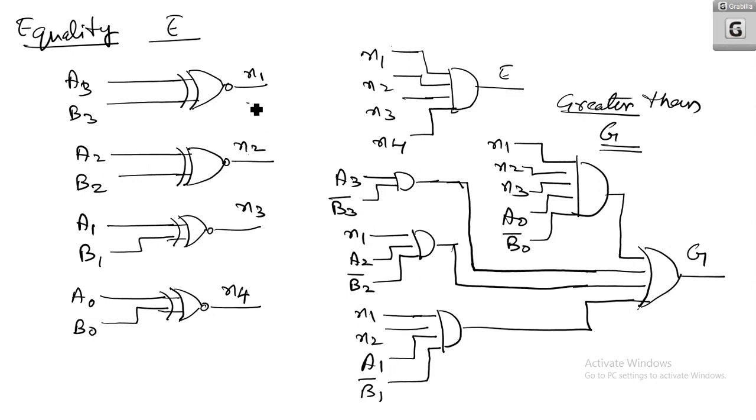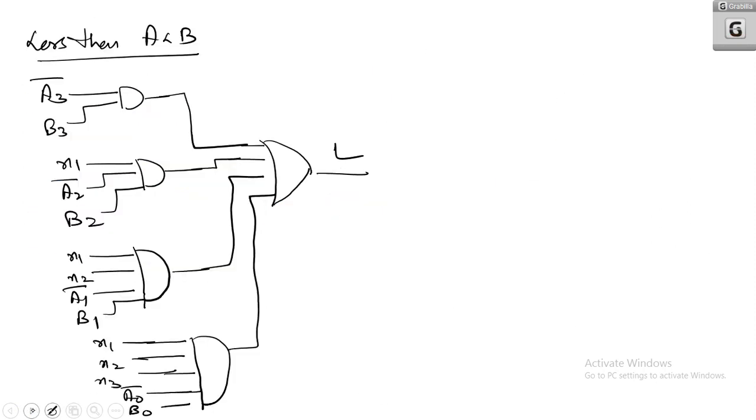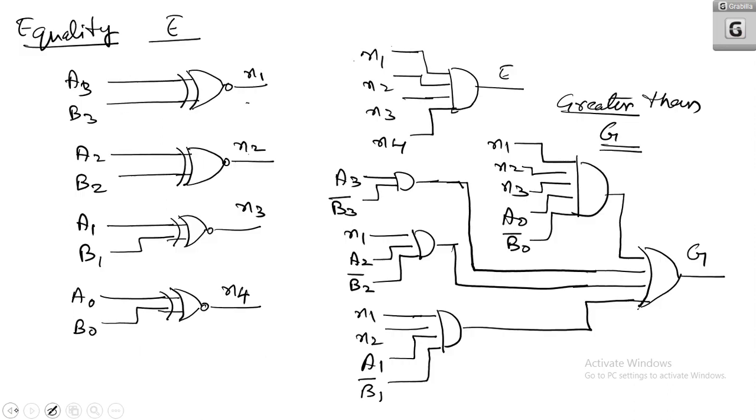That means X1, X2, X3, X4: if all 4 are there, you should get equality, and this is for greater than, and the next one is for less than. So you can draw the circuit part by part. That is also a correct form of representation.